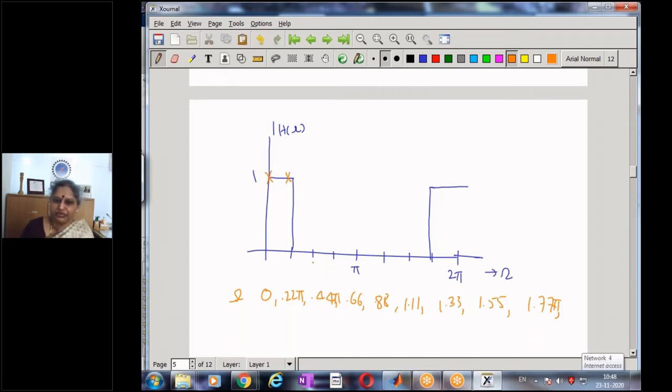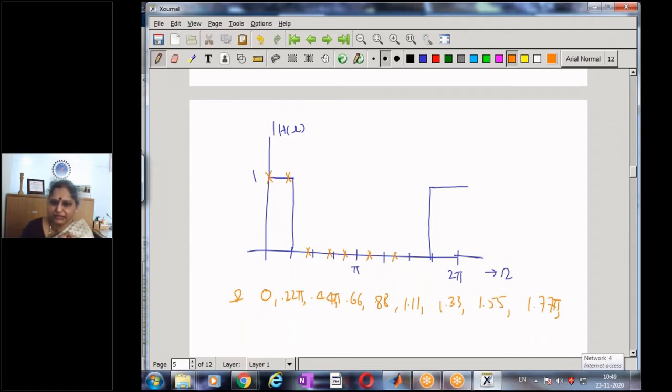Next is 0.44. This is pi by 4, pi by 2. So 0.44 pi is going to be here. This is 0.75 pi, 0.66 pi is going to be here. This is pi. I have a 0.88 pi. Then I have a 1.11 pi, then a 1.33 pi.